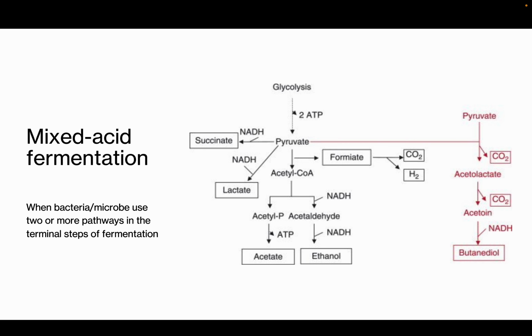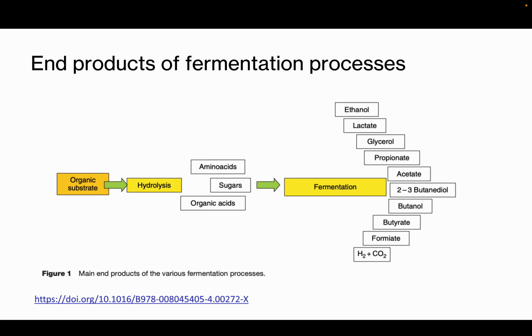Okay, so mixed acid fermentation is when the specific microbe can use two or more pathways during the terminal steps of fermentation and will produce a mix of different organic acids. So, as a review, your organic substrate is broken down to your primary metabolites, such as amino acids, other forms of smaller sugars, and organic acids.